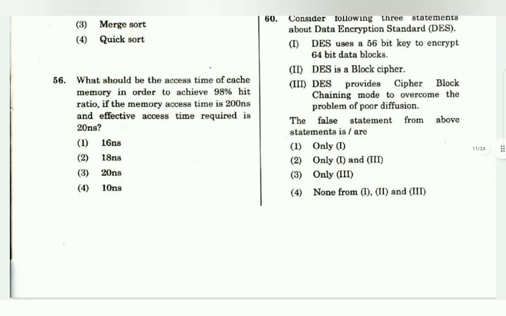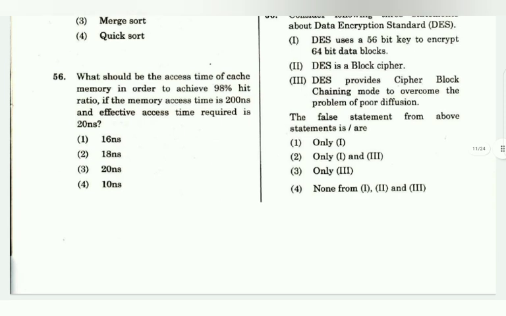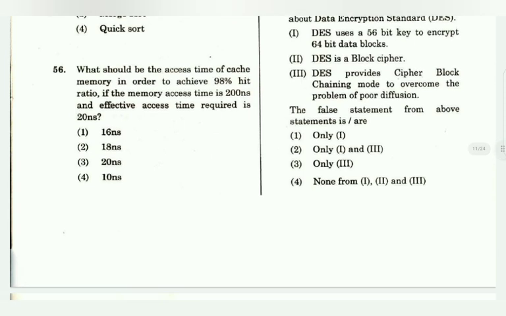Statement 2: DES is a block cipher that encrypts data in fixed-size blocks, which is correct. Statement 3: cipher block chaining mode to overcome the problem of poor diffusion is false. Cipher block chaining is not specific to DES but a mode applicable to many encryption algorithms. So that's why option 3, only 3 is false.